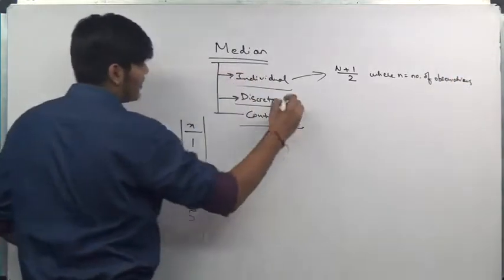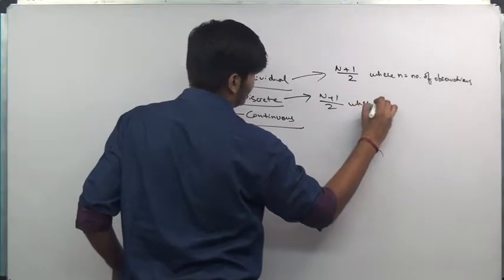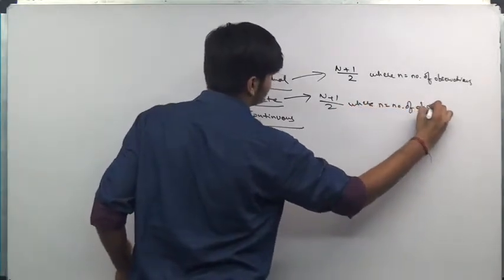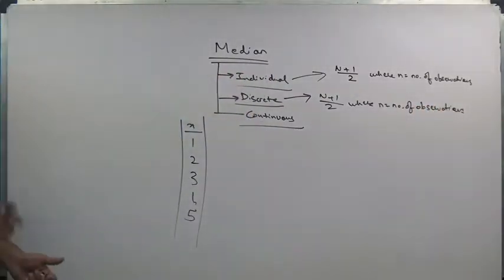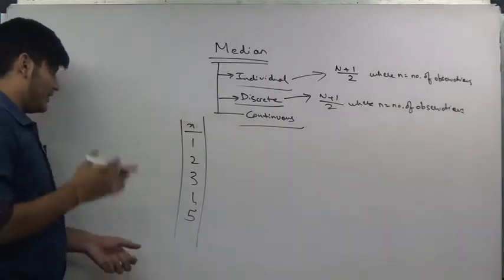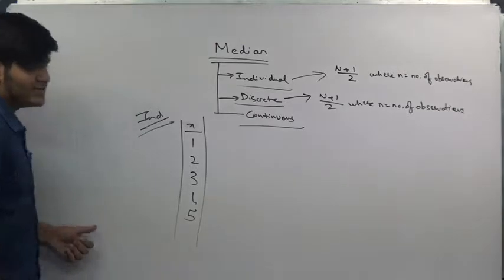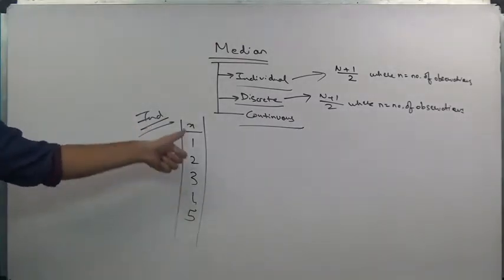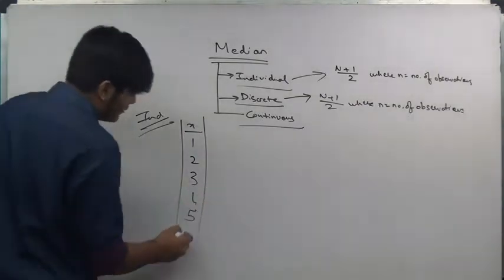The same formula is applicable for discrete series, where n is equal to the number of observations. Both have the same formula. Now the interesting thing about this concept is, if we are talking about individual series, for example, right now it has been given 1, 2, 3, 4, 5. We'll have to find out the median of all these 5 numbers. Let's find it out using these formulas.